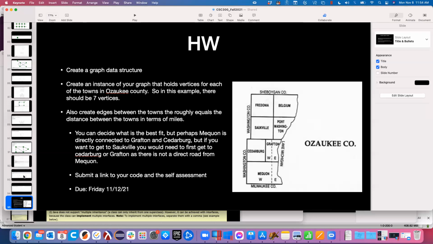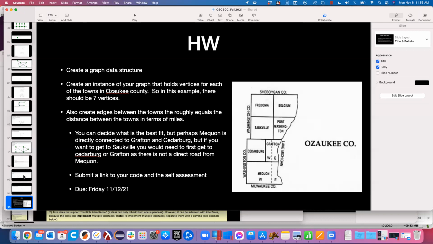Some of it is going to be a unique choice for some of you. You might decide, oh, I'm going to do it this way, or I'm going to do it this other way. But at the end of the day, you're going to have a collection of edges, and those edges each hold on to 2 vertices. How you want to fill up your graph with that information is up to you. But ultimately, you're going to have a bunch of edges that hold on to vertices where those vertices have potentially more than one edge coming out of them.